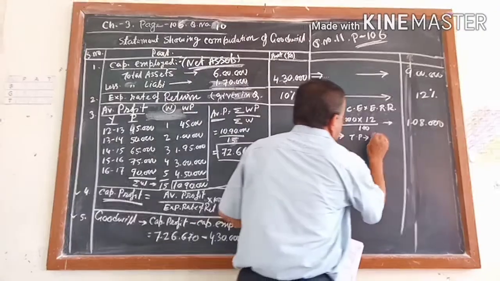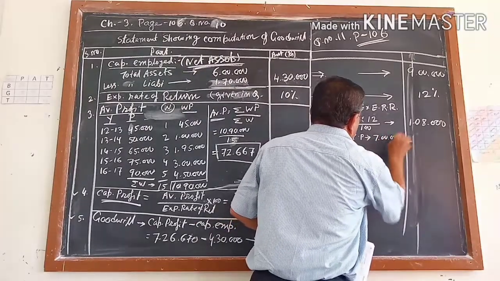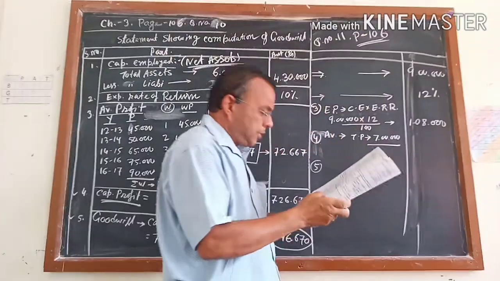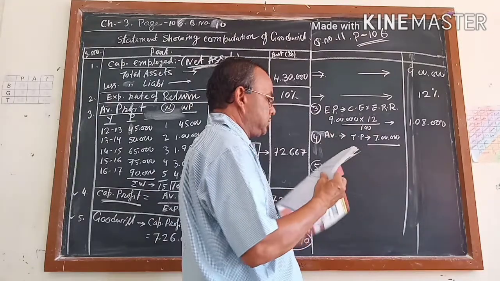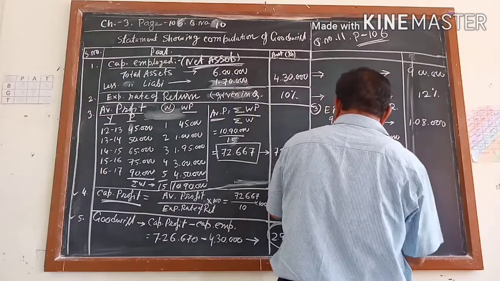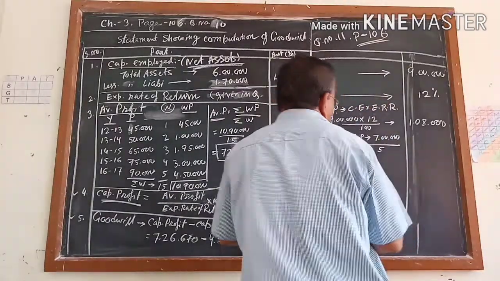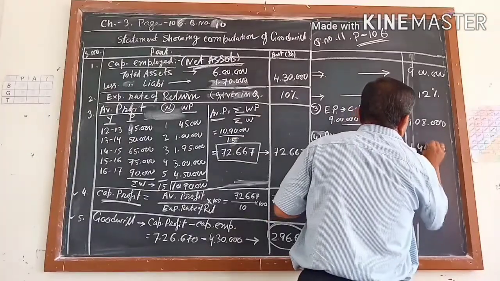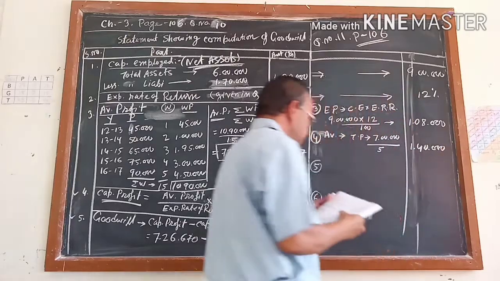You will get 7 lakh, divided by numbers of years, which is 5. If you divide it, you will get 1,40,000. This is your average profit.